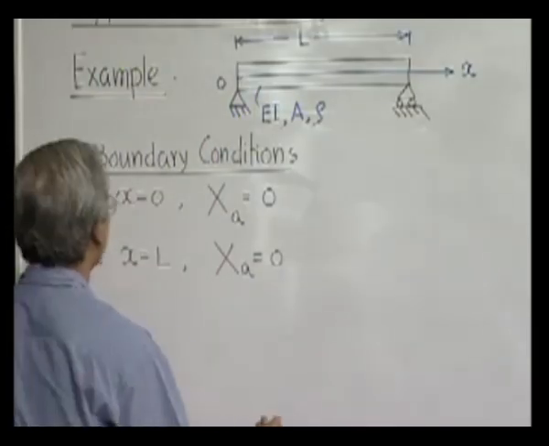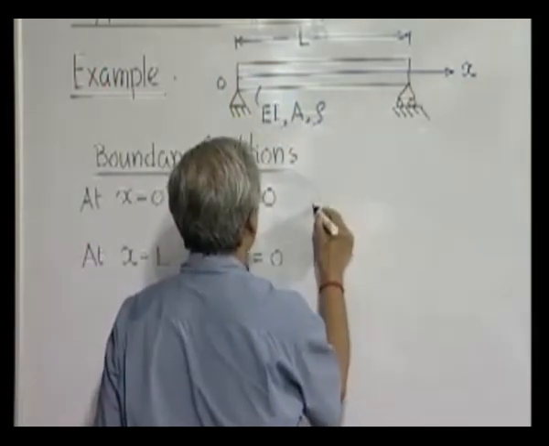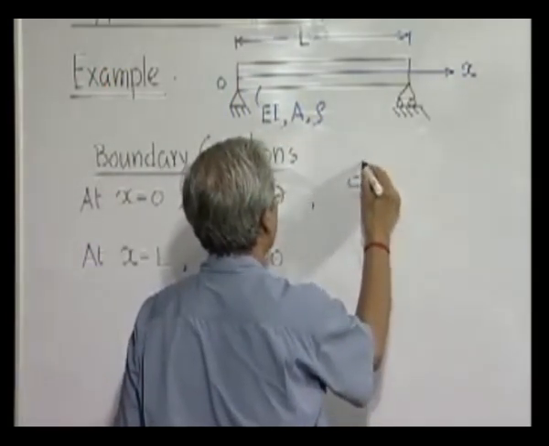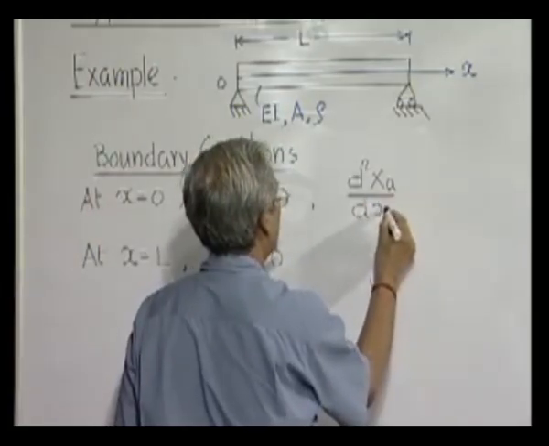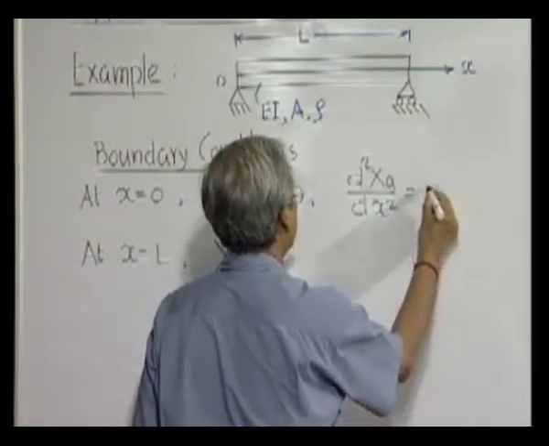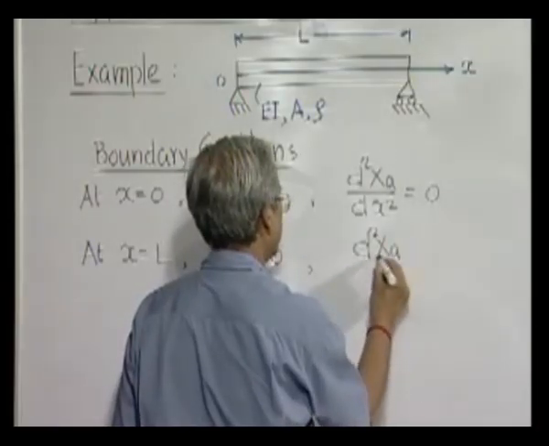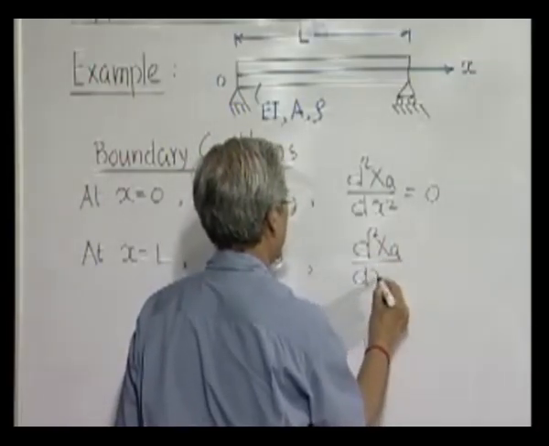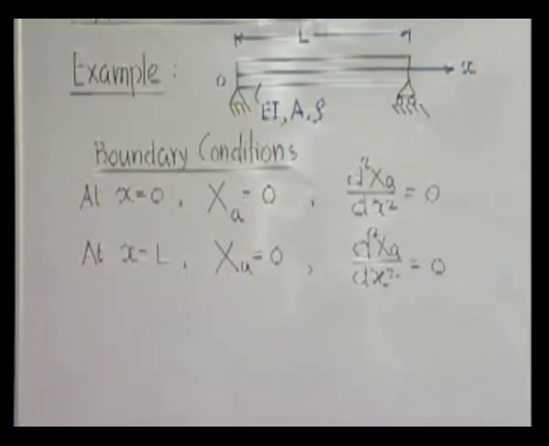Now the other boundary conditions are that here again there is no moment acting. That means if the moment is not there, the second derivative of X, which is proportional to the moment, should also be 0. And since it is simply supported at both ends, these are the 4 boundary conditions. So now we have to assume a mode shape.